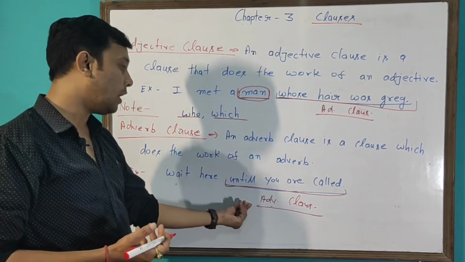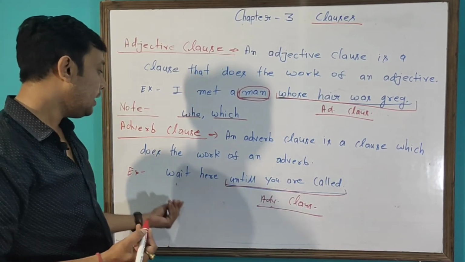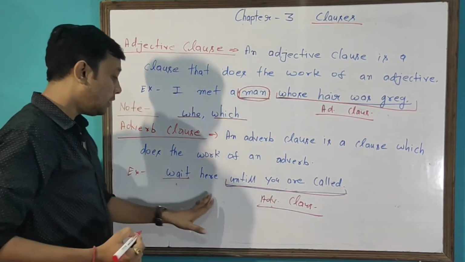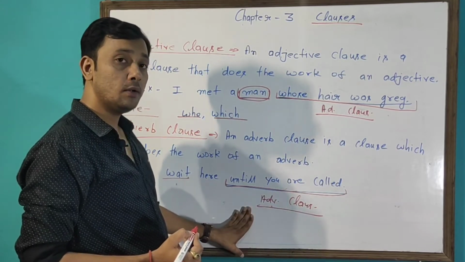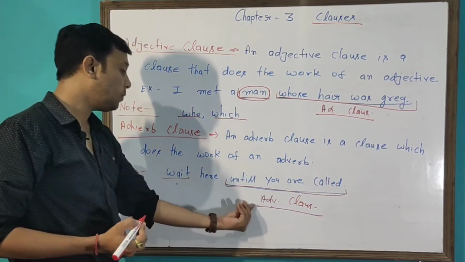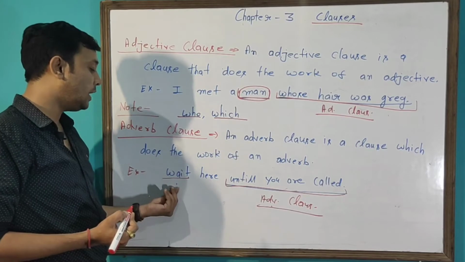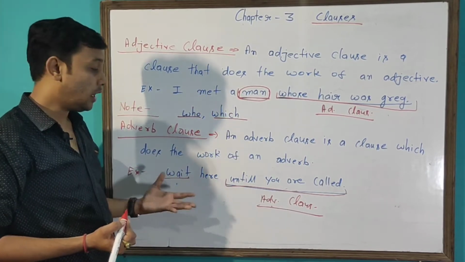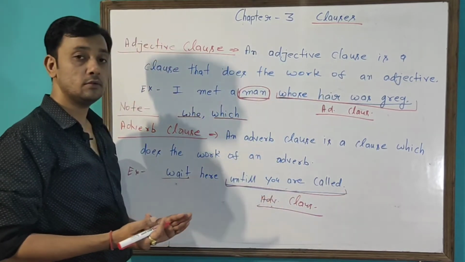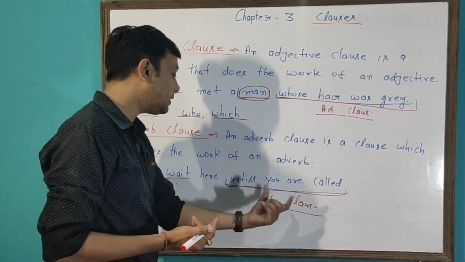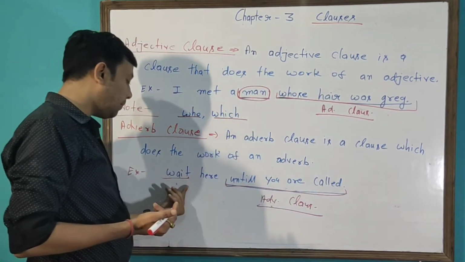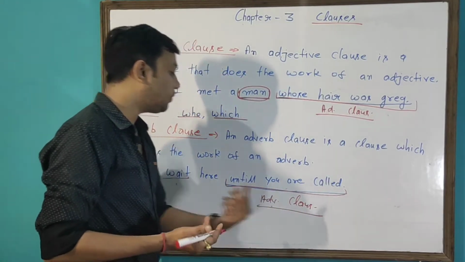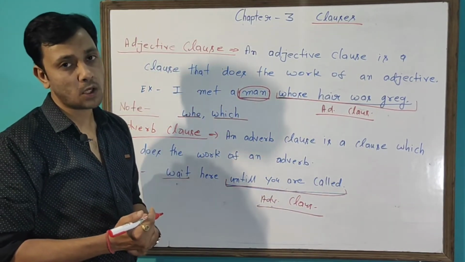So, until you are called. In "wait here until you are called", this group of words is actually telling about the verb. What do you have to do? You have to wait until you are called. Clear? So this group of words is describing the verb. That is why this group of words is known as an adverb clause.